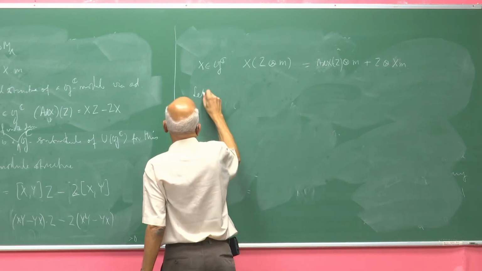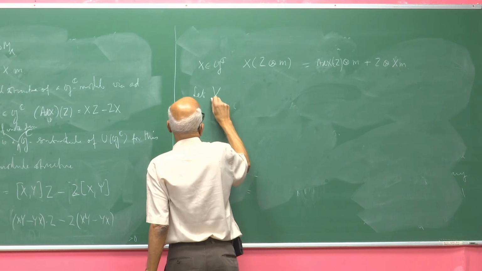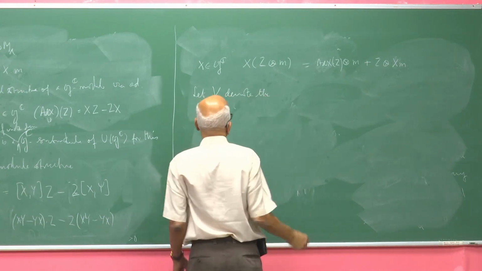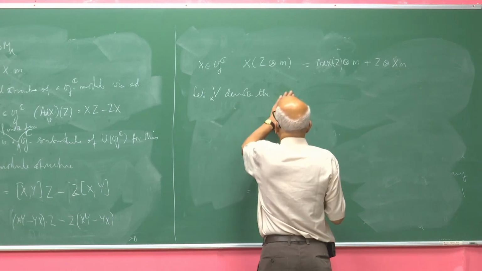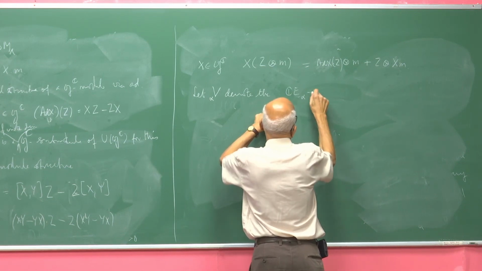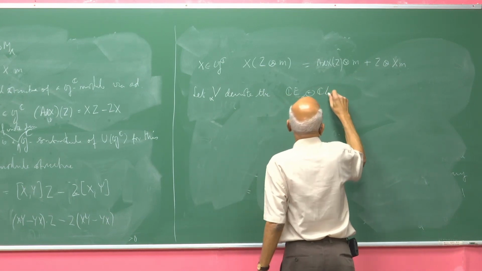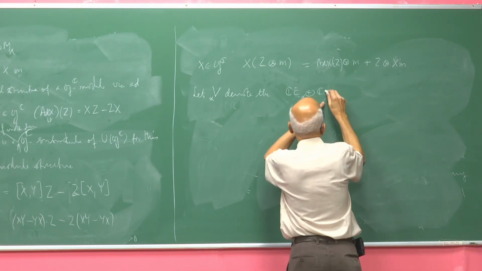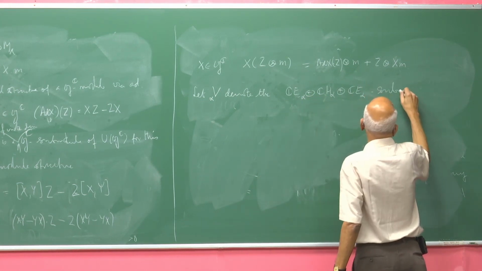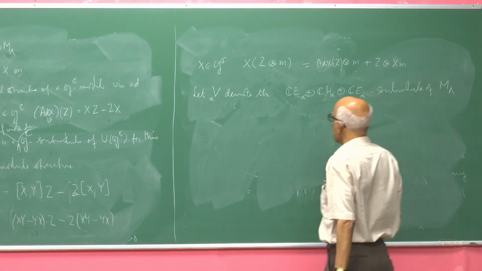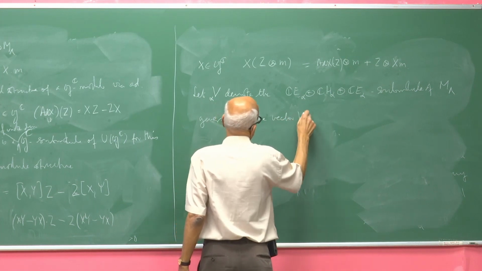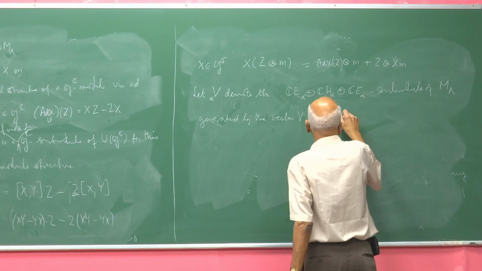Now look at, let V alpha denote the C alpha submodule of m lambda generated by the vector V. Then we know that alpha V is finite dimensional.